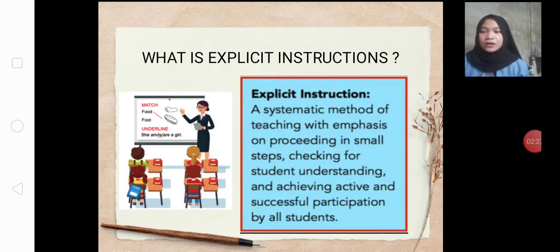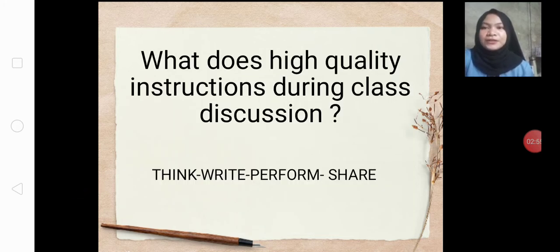Okay, so in explicit instruction, you show plenty of examples when you use these instructions, to give and explain the instructions more clearly. Okay, so that's explicit instruction, to understand and achieve the active participation of the students. That's the main purpose of this.